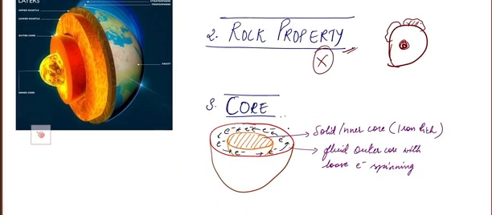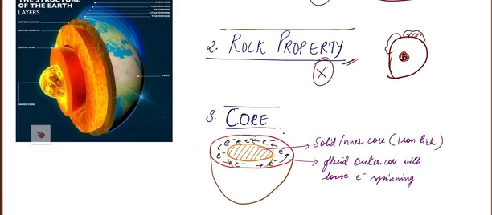Then let's see the quite preferable theory, or study made by scientists, which is the core of the earth. If you consider the core of the earth, I have taken this part and drawn it here. This is the solid inner core, which is iron rich, and this is the fluid outer core with loose electrons spinning. Due to the earth's rotation, there is spinning of electrons in the interior of the earth.